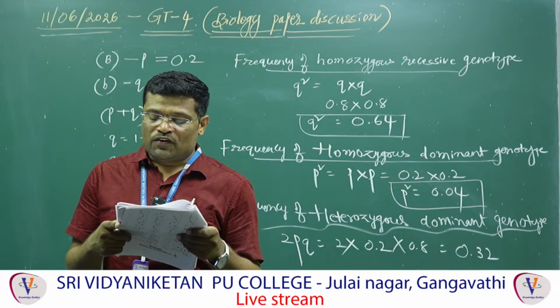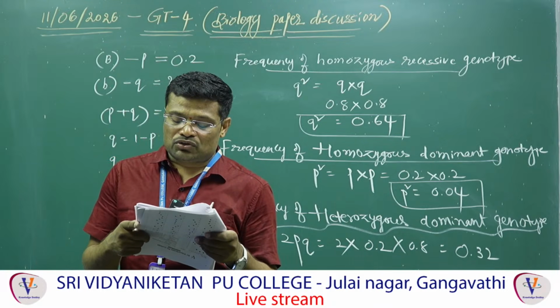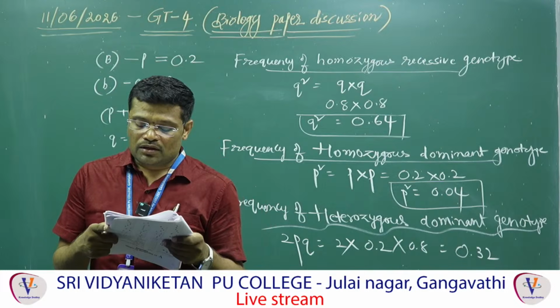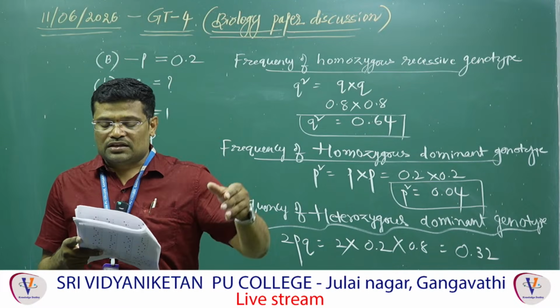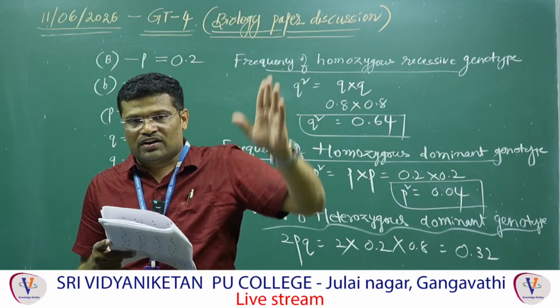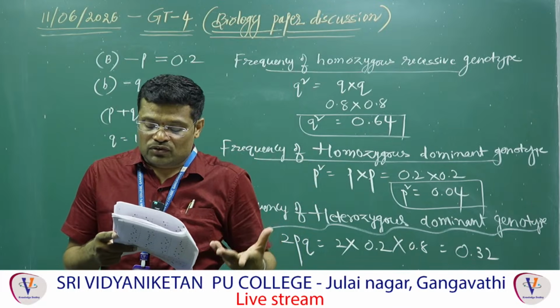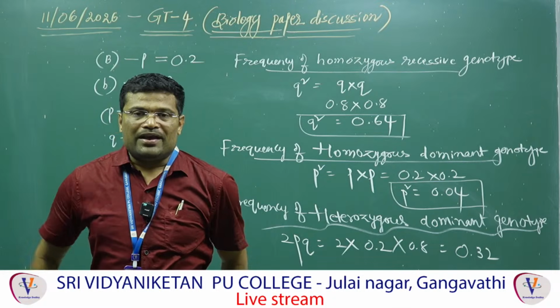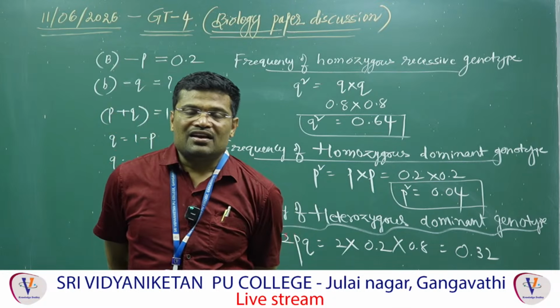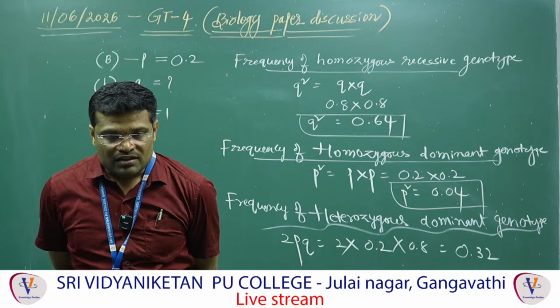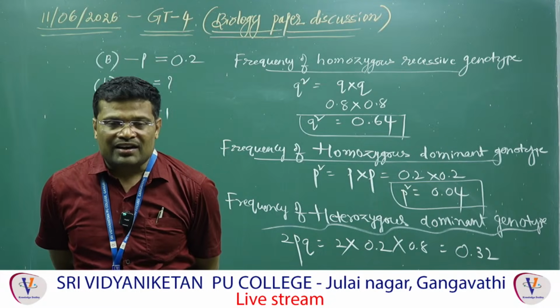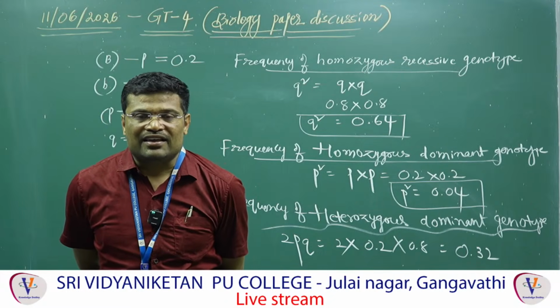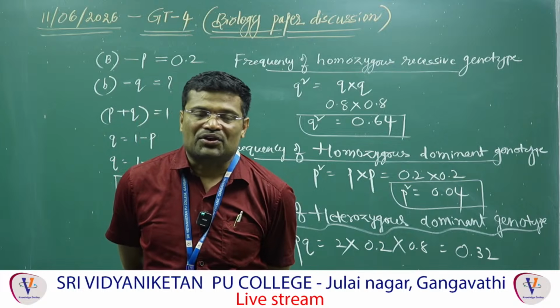175. Which of the following characteristics is not common to Locusta and Columba? Why? Because Locusta belongs to invertebrata, Columba belongs to vertebrata. Answer is true: presence of ventral nerve cord. Basically, in chordates, nerve cord is single dorsal hollow non-ganglionated.